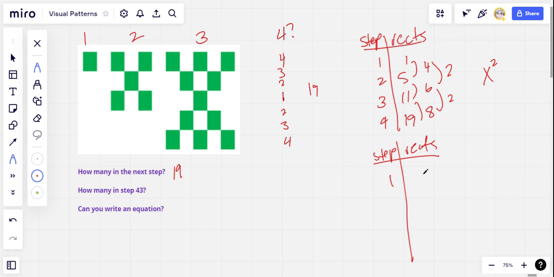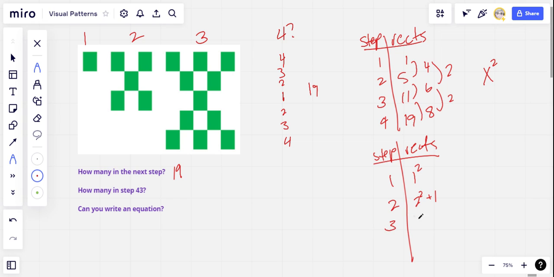In step 1, we've got 1. And actually what I'm going to do is figure out what an x squared is. So I've got 1 squared, and that's actually it. That's all I need. In 2, I have a 2 squared. Now that would make 4, so I'd have 1 left over. So 2 squared is 4, plus 1 is 5, so that equals the number of rectangles in step 2.